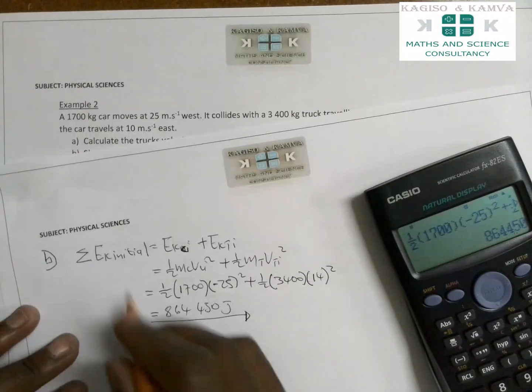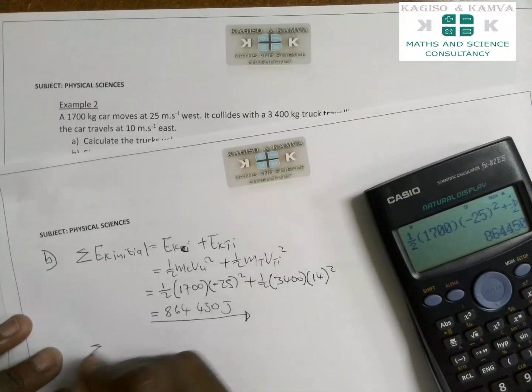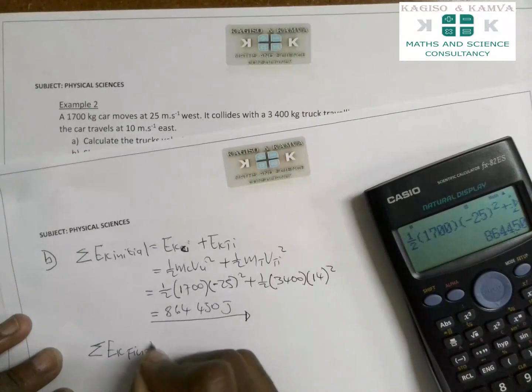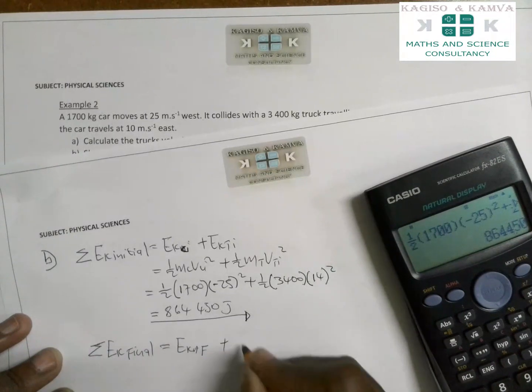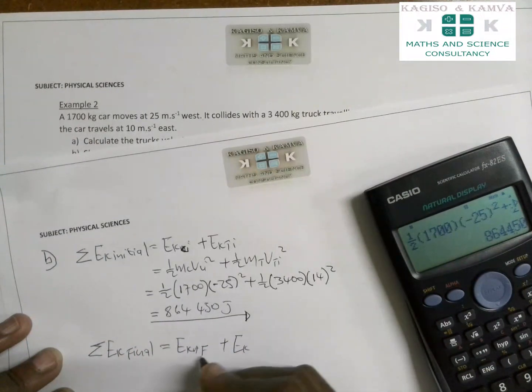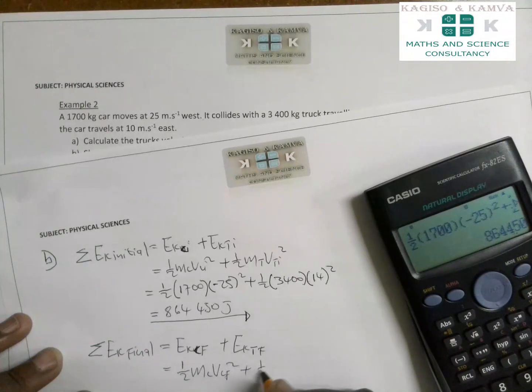Then we come to find the sum of EK final, which is EK car final plus EK truck final. That will be half M car V car final squared plus half M truck V truck final squared.